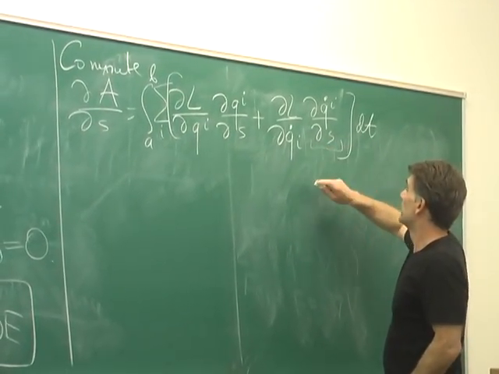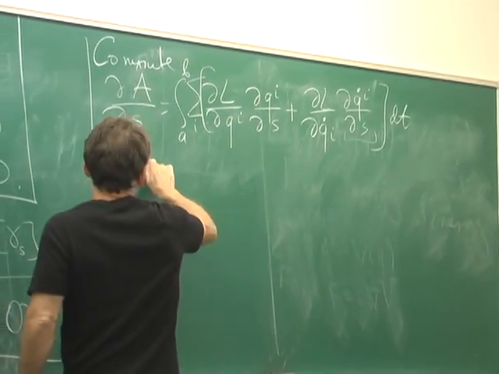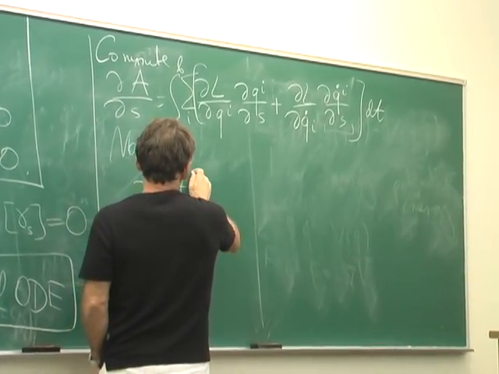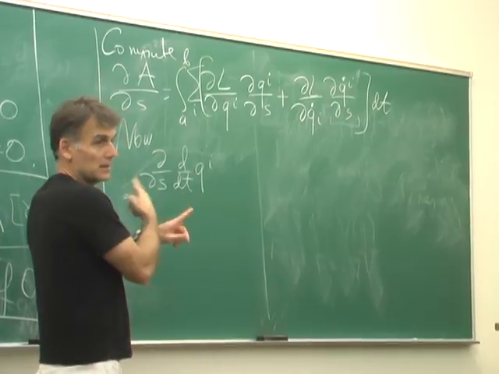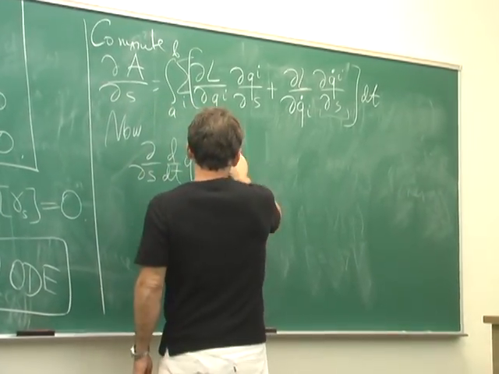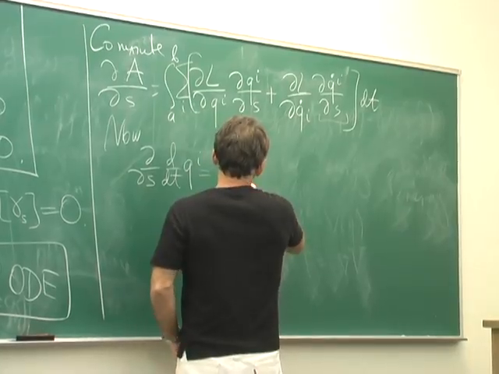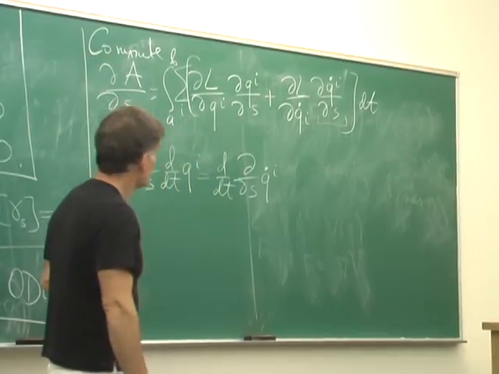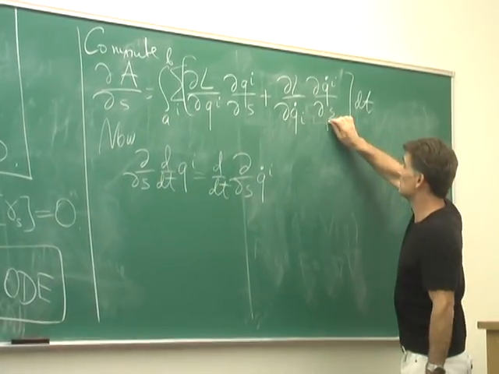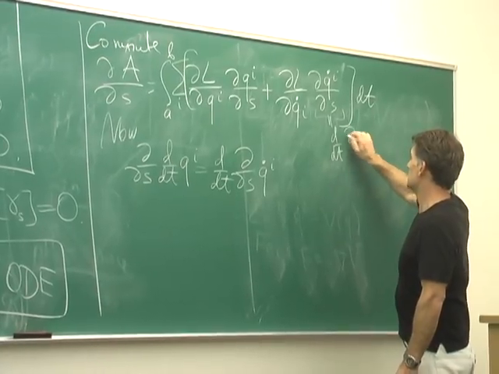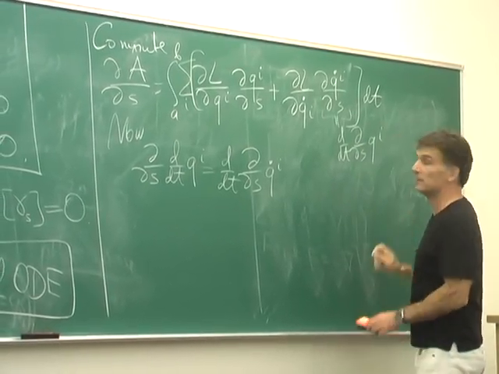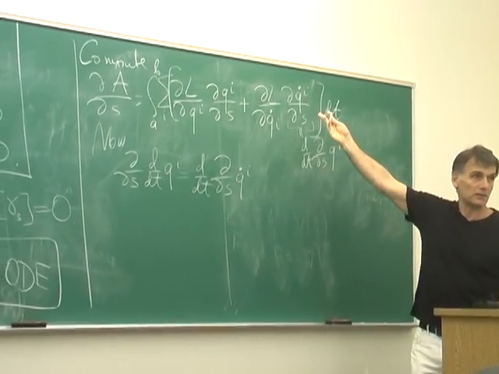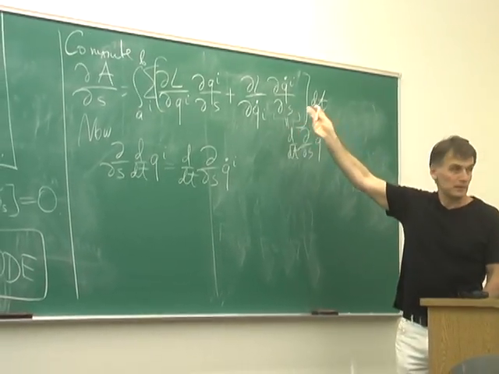Now look at this term. You have d by ds, and then there is d by dt with q. These commute. So you can write it as d by dt of d by ds of q_i. Then there is this d by dt, and I'm integrating over dt, so I can integrate by parts.